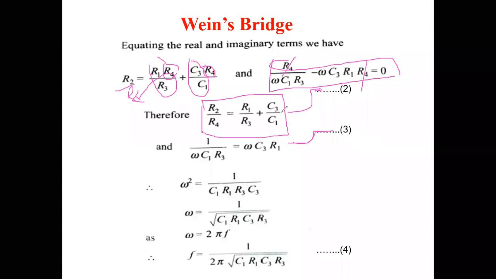Take it as equation 2. This equation 2 represents the ratio of the arms R2 by R4, whereas equation 3 represents the frequency.